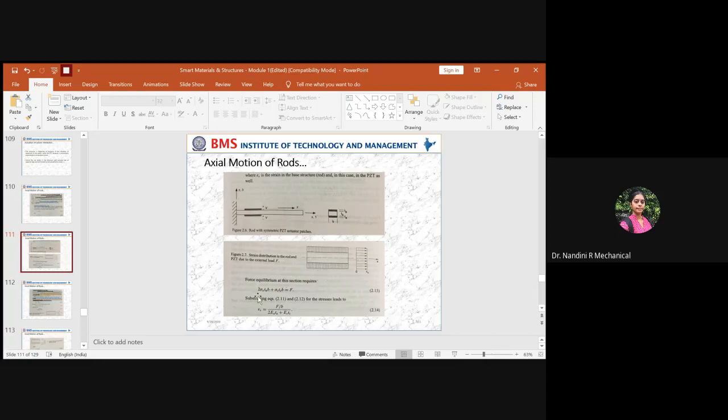So you take the strain induced in the piezo patch as twice, and the thickness of the piezo patch, which is the actuator or the piezo element, is t_a. Along with that, we have the width of the piezo patch, which is b. So this is the value only for our piezo element or the actuator.